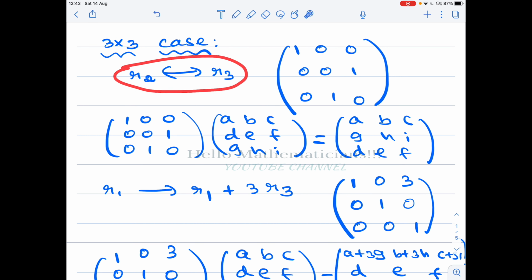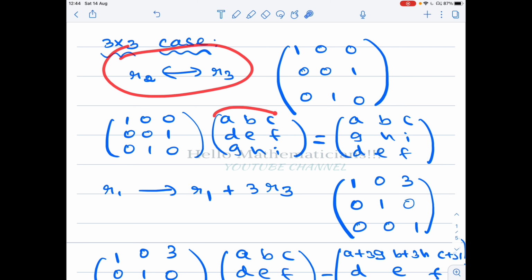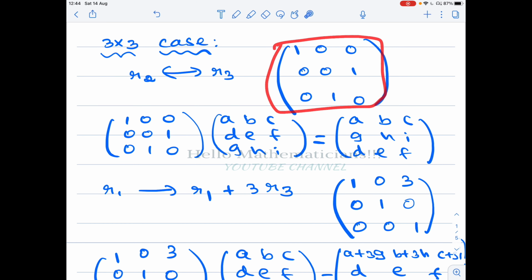Suppose you want to interchange the second row and the third row. What you do is you look at the 3 by 3 identity matrix and you apply this operation to it. So what happens? The second row and the third row are swapped. Now applying this operation to any matrix is equivalent to pre-multiplying this matrix.